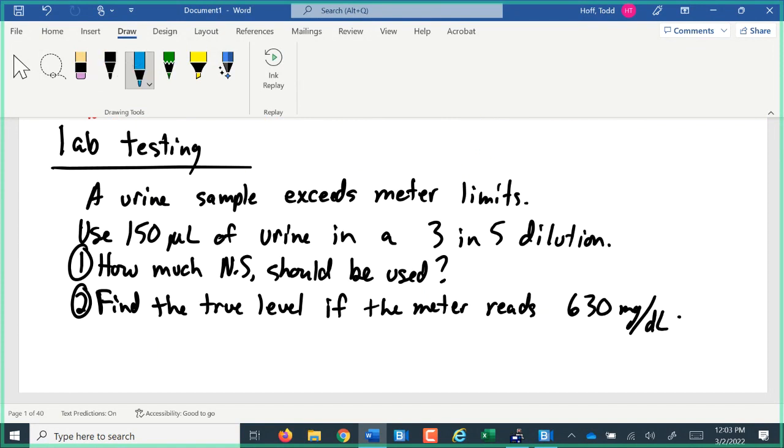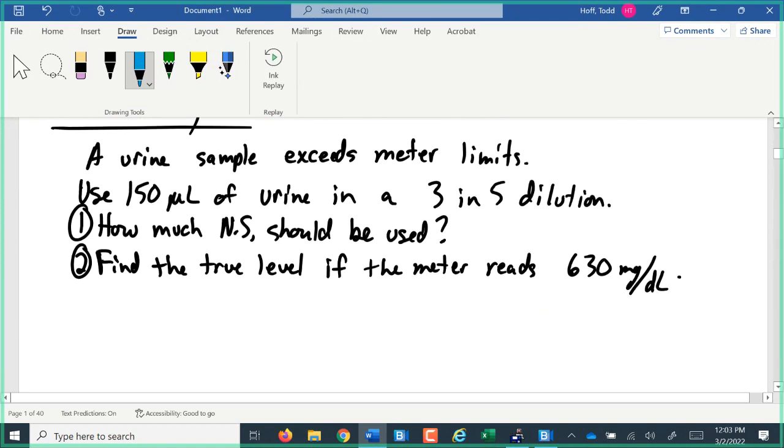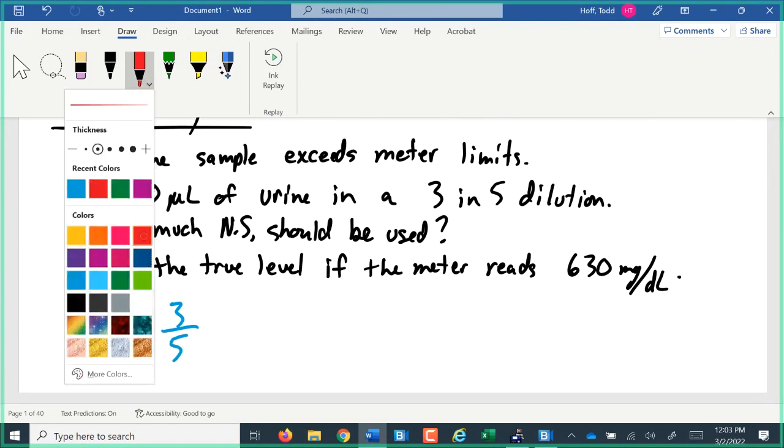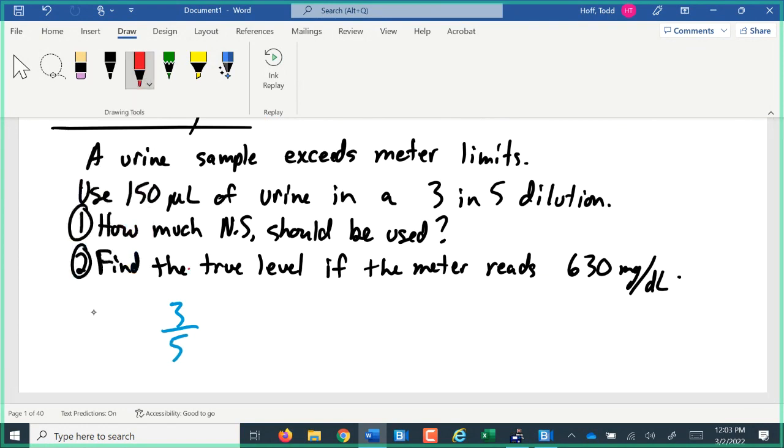We actually have to perform the dilution, or at least put the numbers out there. So it is a 3:5 dilution. The 3 represents the parts of our serum, in this case the urine. The 5 is our total solution. Well, we know how much urine: we're going to use 150 microliters of urine.